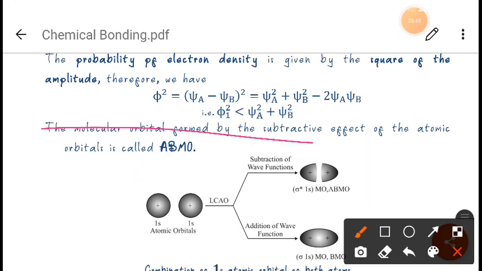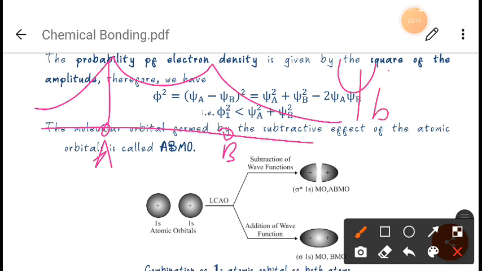Here should be B and here should be A. The strength of the bond will depend upon the value of this psi b.